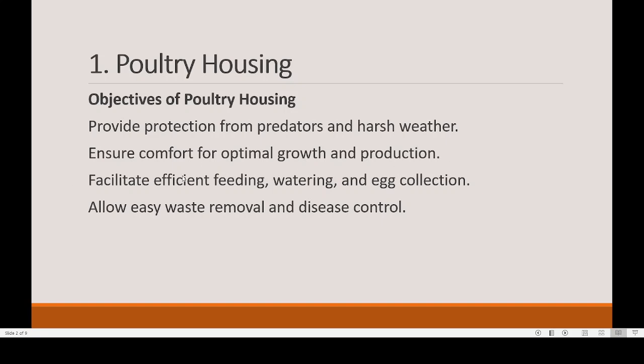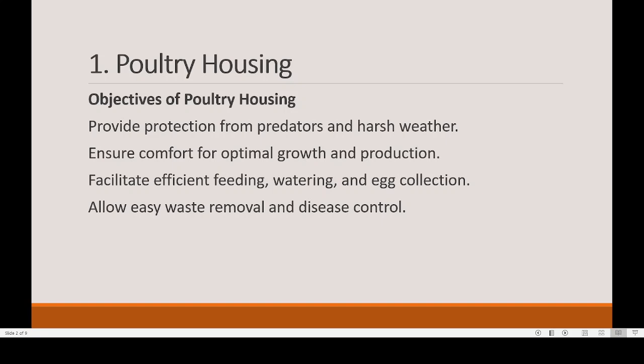The second advantage of poultry housing is that it ensures comfort for optimal growth and production. For example, if you are rearing poultry in this kind of a large farm, you can see that they are very large farms. The purpose of these large farms is that they will be rearing a lot of chicken in the same place.